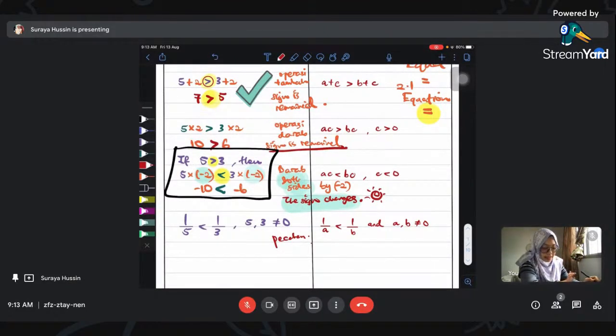If it is a fraction, you will see, I write it down again: if 5 is greater than 3, then, it is silly, but I don't mind, until you understand.